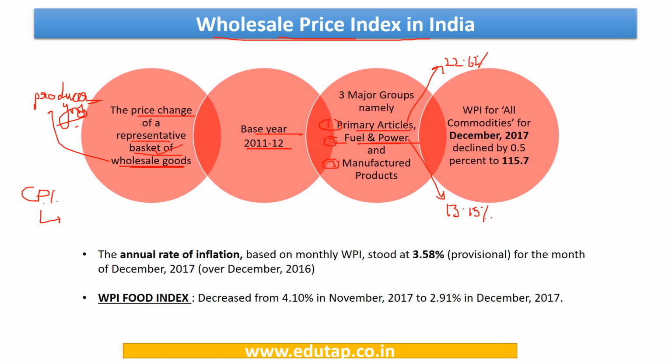The third category is manufactured products. These contain goods that have been manufactured and still are being used to produce other things, the consumer goods. So the weightage for this category is around 65%, and it is 64.23% to be precise.